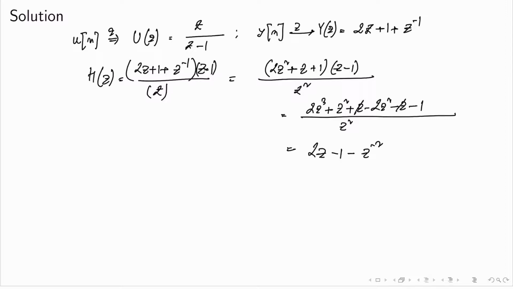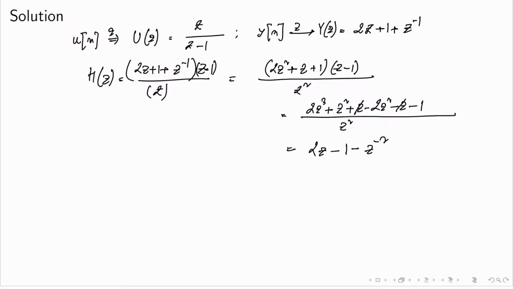Minus of z to the power minus 2, correct. So writing it down here again: 2z plus z square, minus 2z square will be minus z square, divided by z square will be 1 minus z to the power minus 2.